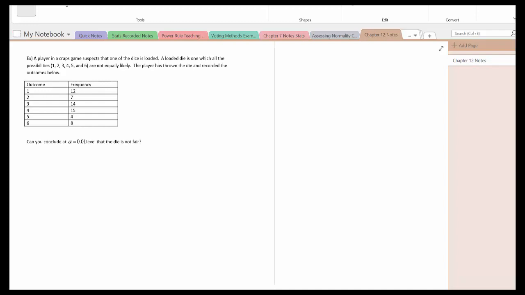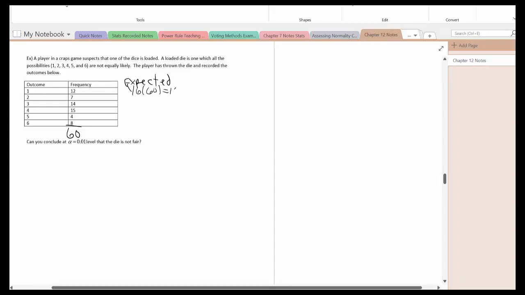Okay, before anything else, we need to write out what the expected counts for this are going to be. Well, in order for us to do that, add up the frequency, and that gives you 60. So, the probability of rolling a 1, 1/6, times 60, that's 10.